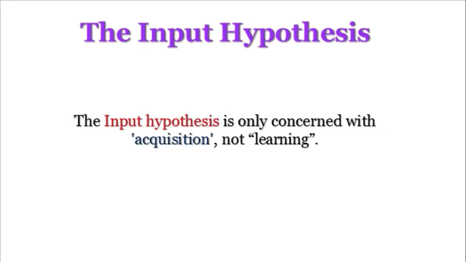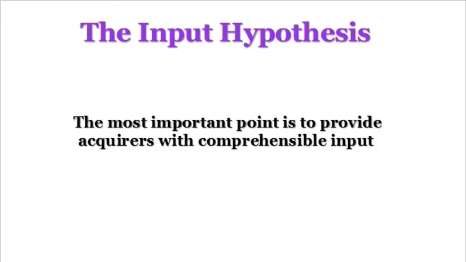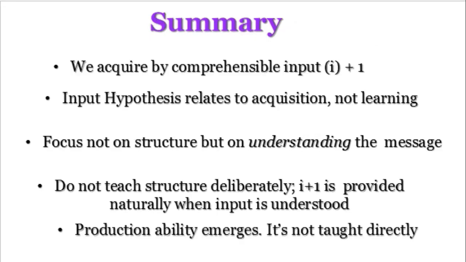We can say that the input hypothesis is only concerned with acquisition, not learning. And the most important point is to provide acquirers with comprehensible input. And in a nutshell, we can say that we acquire by comprehensible input, which is I+1. The input hypothesis relates to acquisition, not learning.